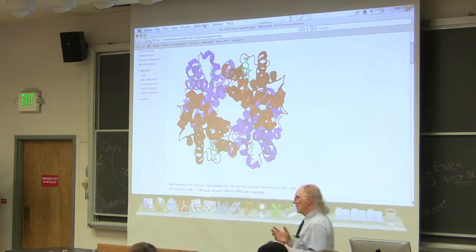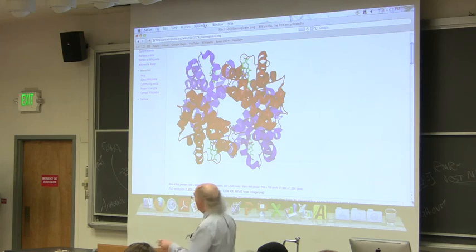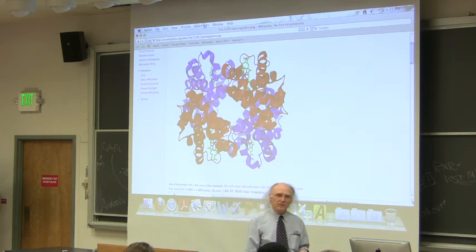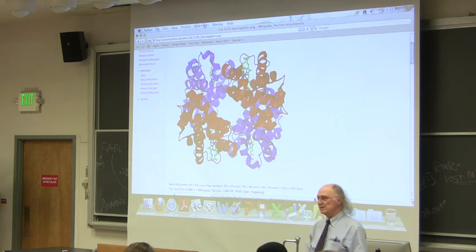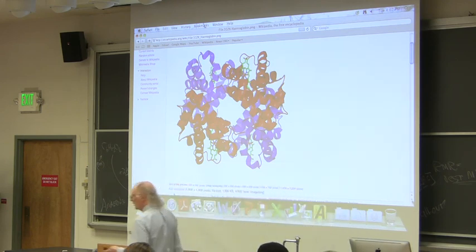Each of the subunits, 2 red and 2 blue, has a heme group. You can see 1 heme group back here, 1 here, 1 down here, and 1 over here. So there are 4 heme groups present, 1 for each of the subunits in this hemoglobin.